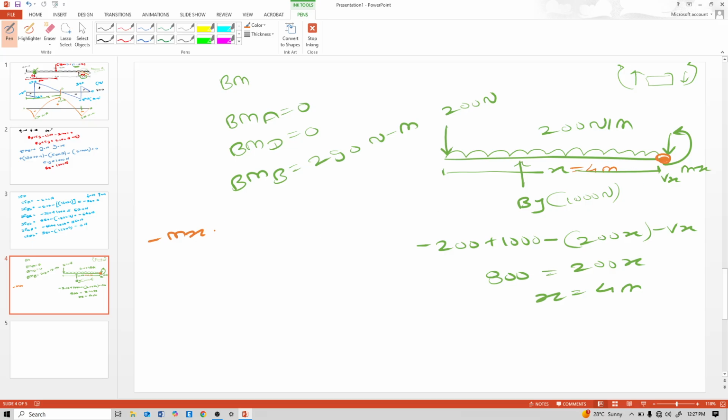Minus Mx, minus 200 into 4, minus this UDL 200 into 4 into 4 by 2, plus By 1000 into 3, because this is 1 meter.